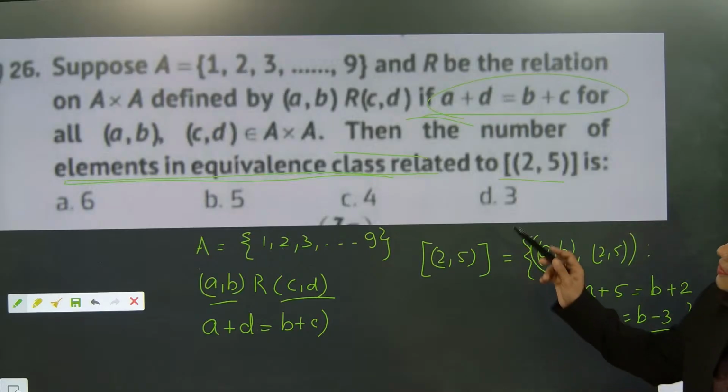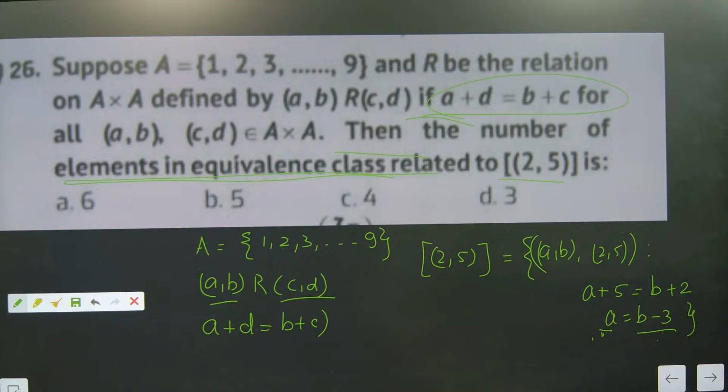See, if A is equal to 4, and B is equal to 5. Is 4, 5 possible or not? A is equal to 4, B is coming as 5. So here 5 minus 3 will be 2. Not possible. Correct now?